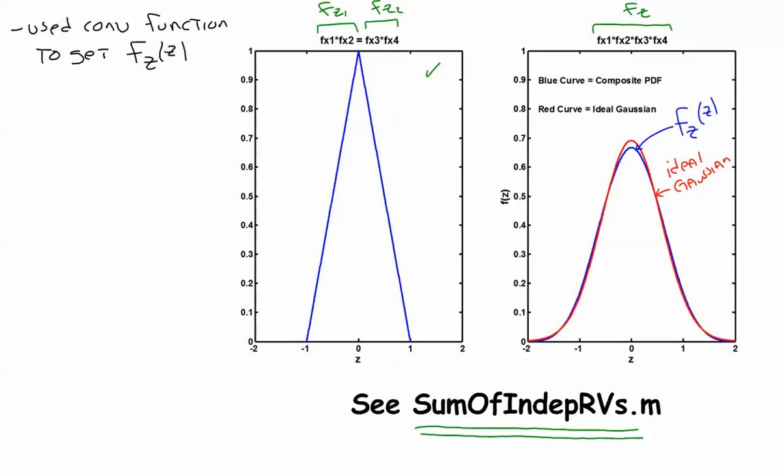I used the conv function to get my composite probability density function.